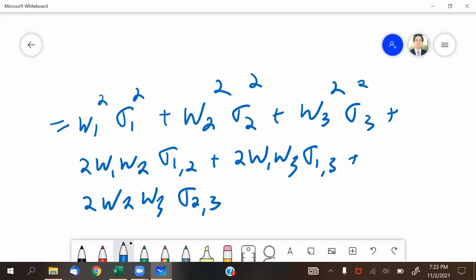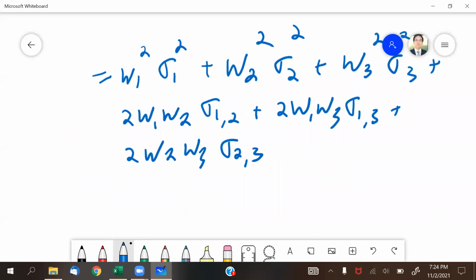We can still write it this way, and then we find the square root of the variance, which would be the portfolio risk.